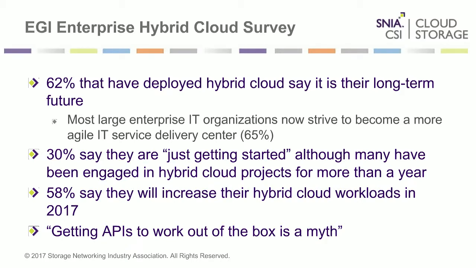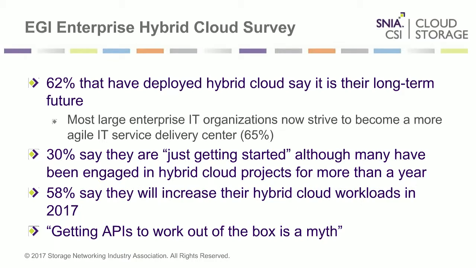We also saw that about 30% of them, even though they said they had deployed hybrid cloud, were just getting started, even though they might have been engaged in the hybrid cloud project for more than a year. We think that is because these are very complex projects.